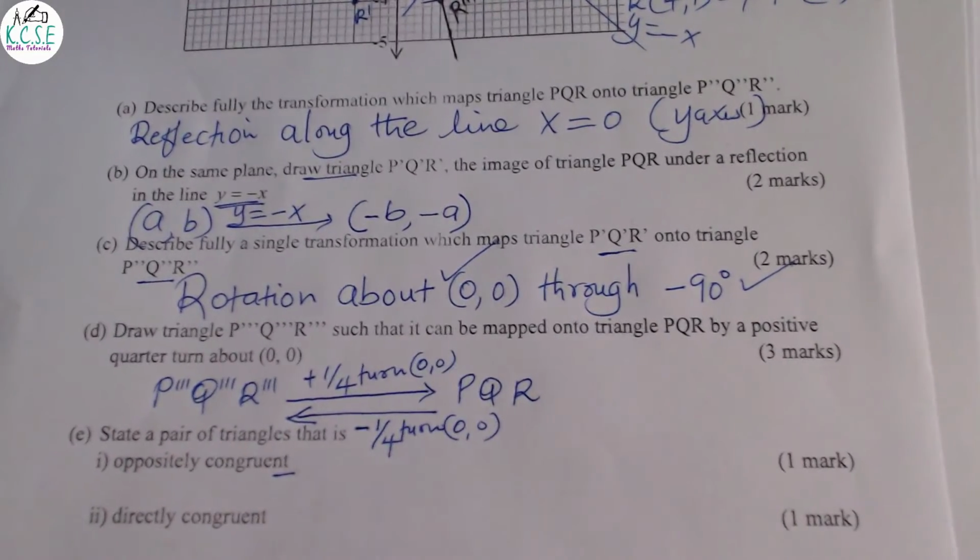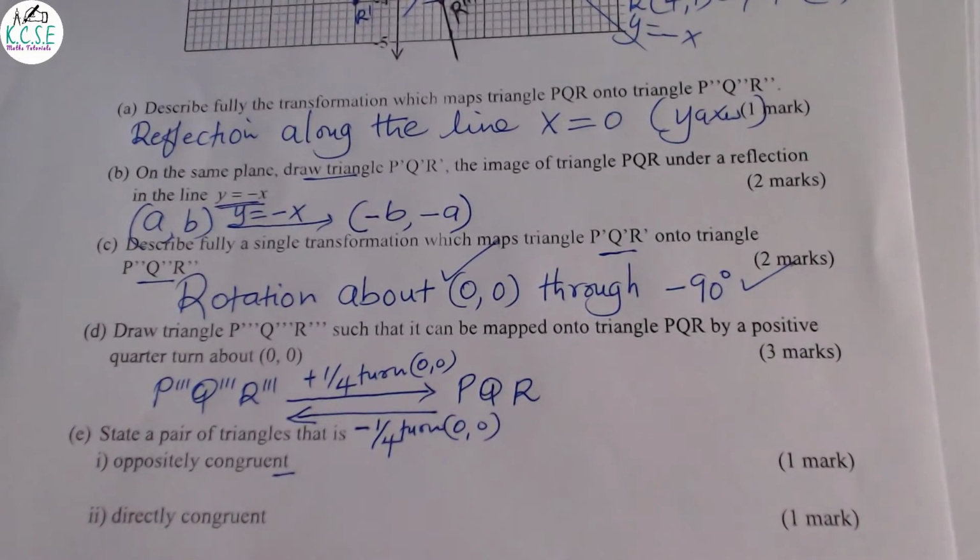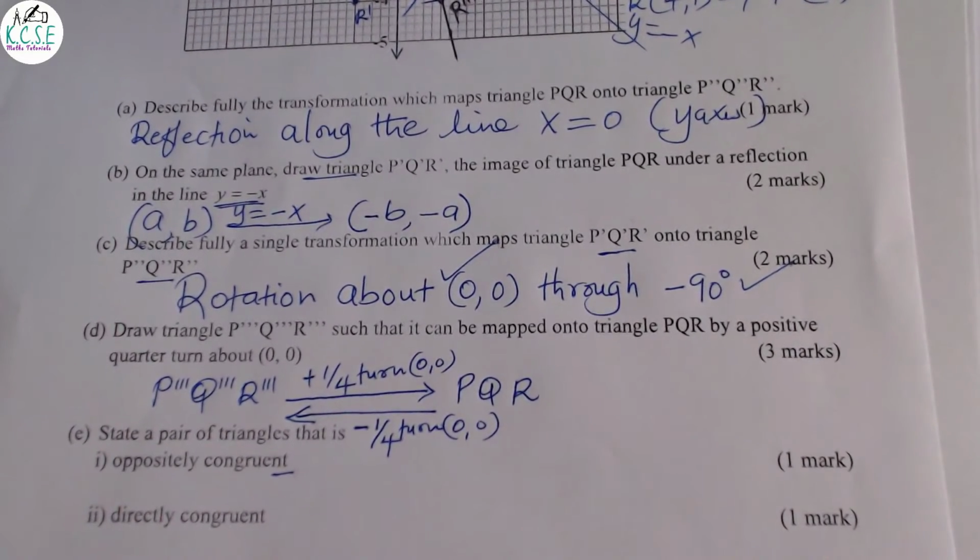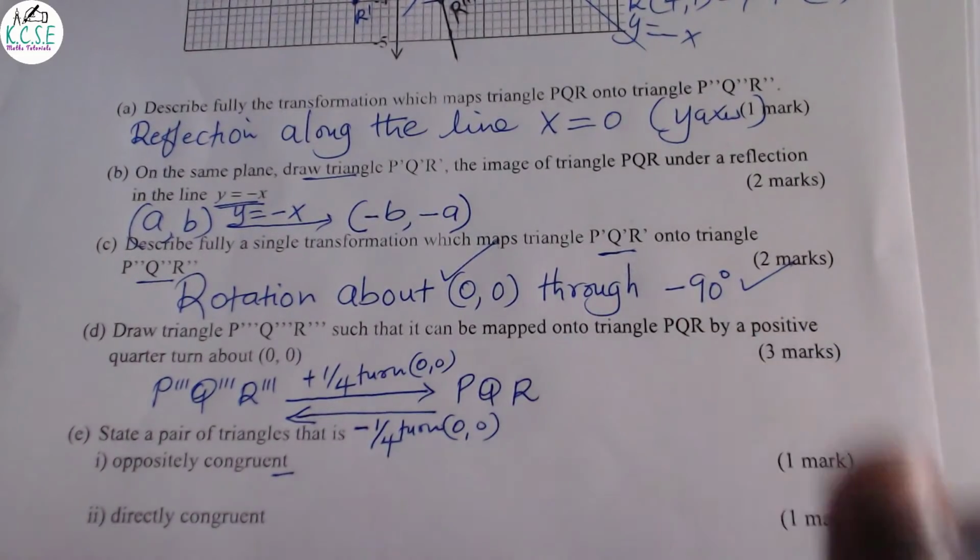You have to actually turn them over for them to fit exactly onto one another. It's not just a matter of sliding. You have to turn one triangle over so that it fits onto the other one. Then directly congruent, these are just two triangles where you just need to slide. Just to slide, you don't need to turn over in order for them to fit.